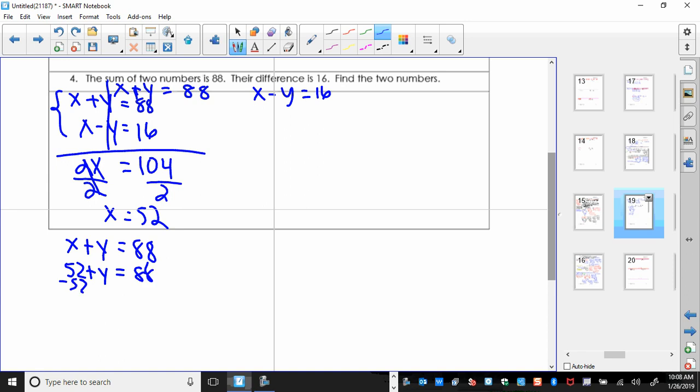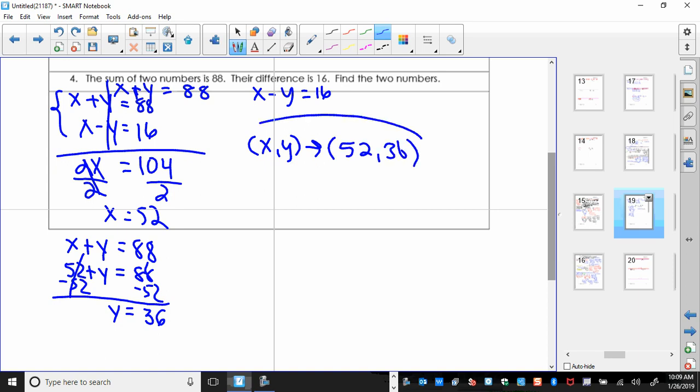Subtract both sides by 52. Y equals 36. So when I write my answer, x comma y maps onto 52 comma 36.